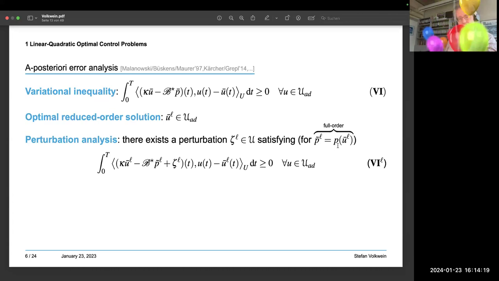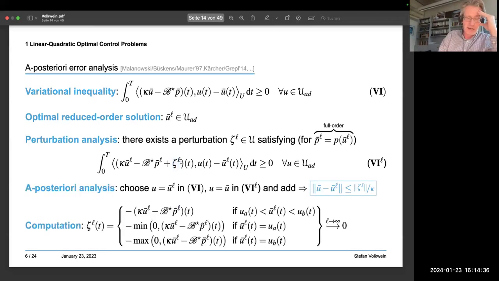Then you have this P tilde L, and you can substitute it in the variational inequality. And then there is this theta L. Okay, so what can I do with this? Why are we doing these things? Look at the next lines.